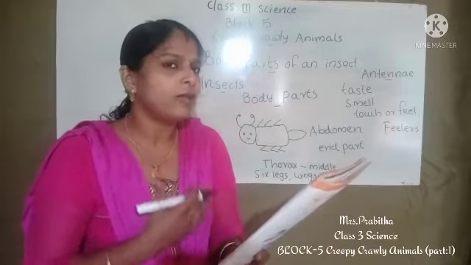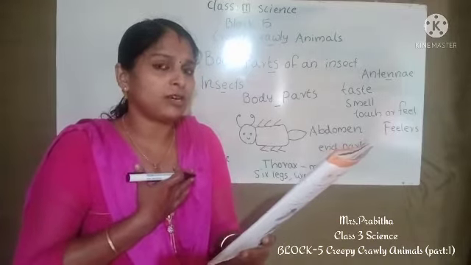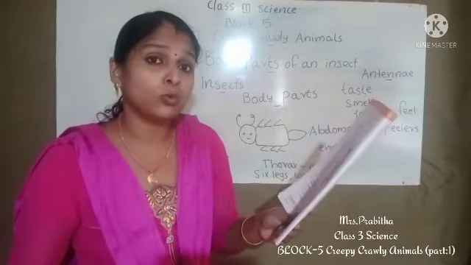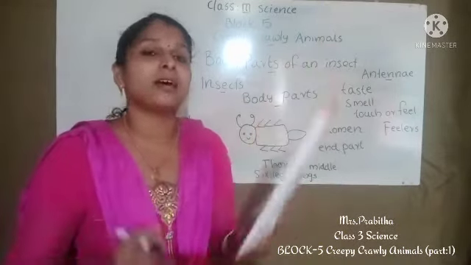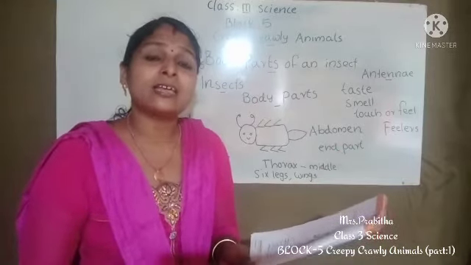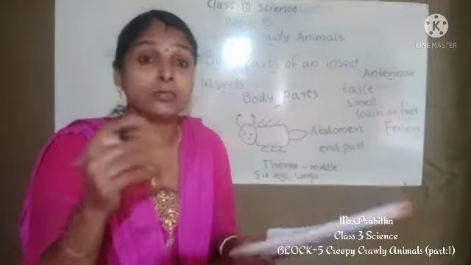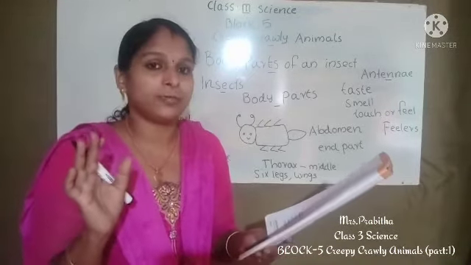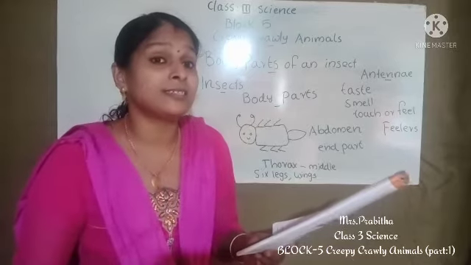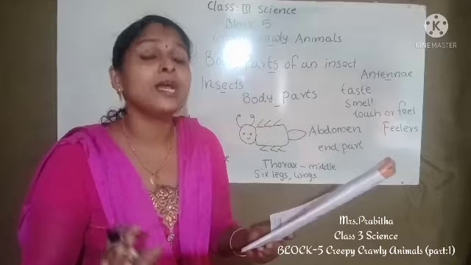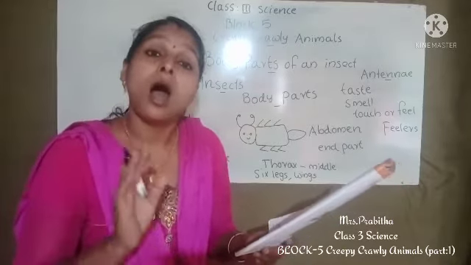We are humans, right children? How many legs are there for humans? Yes, 2 legs and 2 arms, isn't it? How many legs are there for insects? Yes, insects only have 6 legs, no arms. Only 6 legs are there, no arms. So how can the tailor stitch the clothes? The tailor can stitch the clothes for an insect without arms.